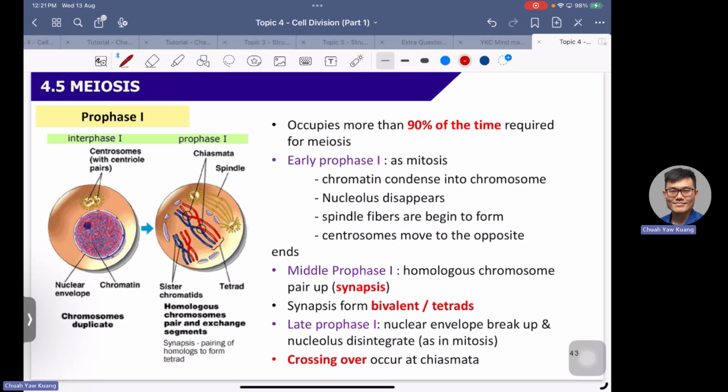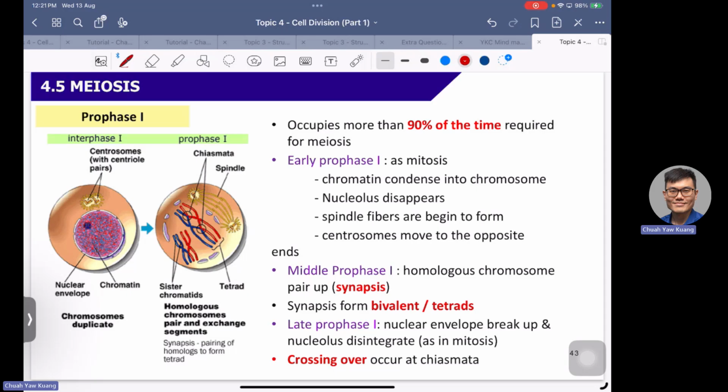Then in mid prophase 1, one special thing occurs. In mitosis, after the chromosomes are formed, they are just left. But in the middle prophase 1, after the chromosomes are formed, they will start to find each other. They will pair up.